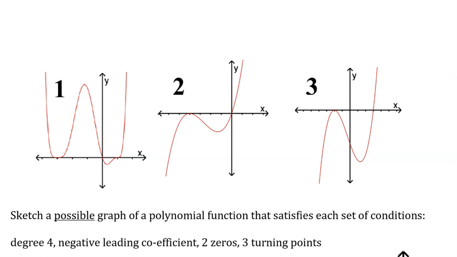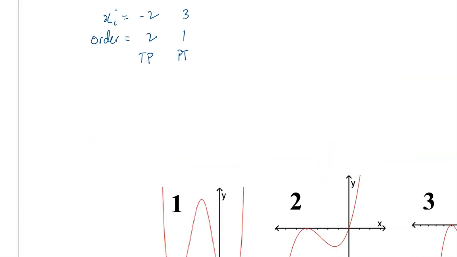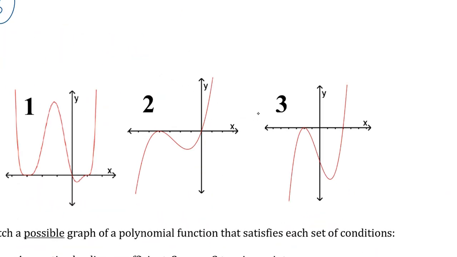How many people think they know which one it is? Okay, good. Oh, good. Did you guess 3? Turning point at -2. Straight pass through at +3.